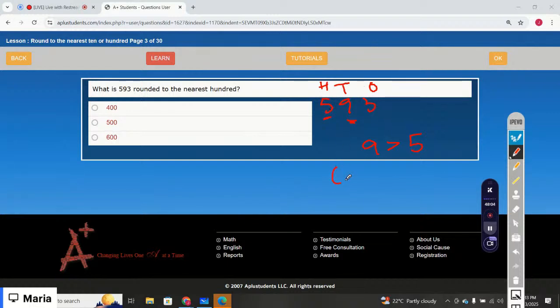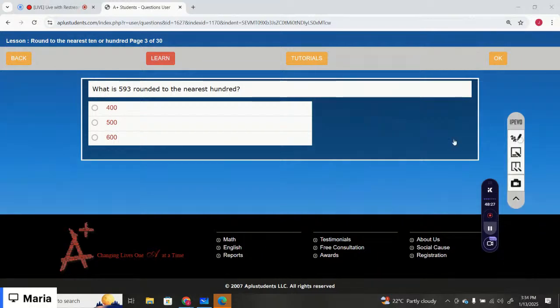So you need to round up, add 1 to the hundred digit and replace the other two digits with 0. That is 600. Option number 3 is the correct option.